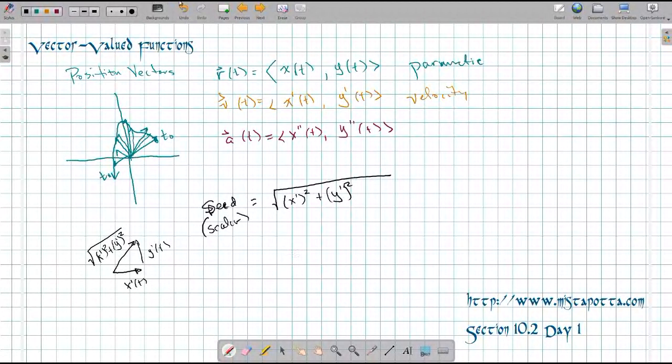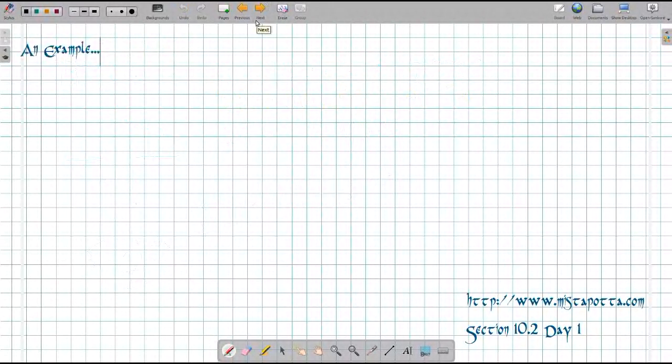And so I want to do an example of this. So I'm going to start by giving you a displacement function. So r of t, this is my position, is given by the quantity 3t squared, comma, e to the negative t. So I've got a function that describes this variable at a particular time.